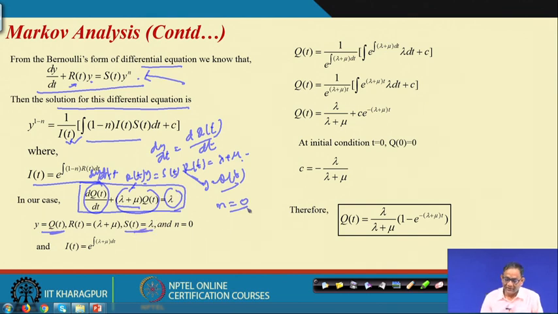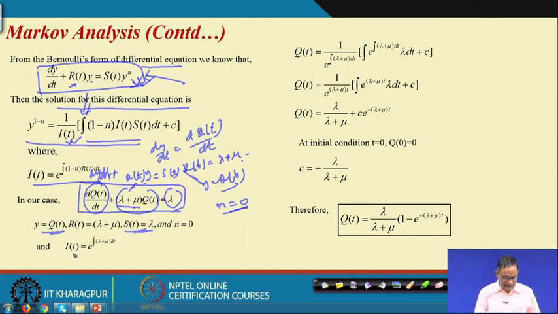So, that means for n equal to 0, this equation is actually satisfying this form. Once this equation satisfies this, we can use the solution. This is the solution, so that is what you are writing here.